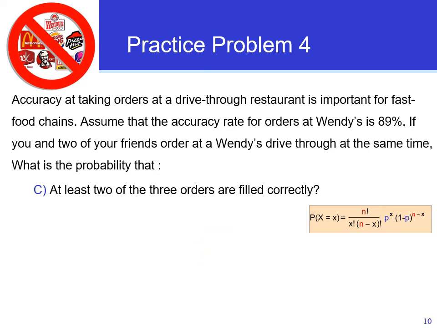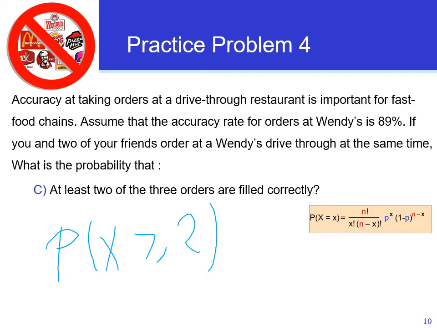We have x, the random variable, which is the number of orders that are fulfilled correctly. It follows a binomial distribution with n equal to 3 because you and 2 of your friends are 3 people. That means the number of trials is 3. The probability of success is 89%. And the question is asking for the probability that x, the number of successes, is at least 2 of the 3.